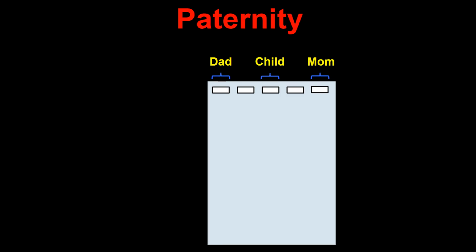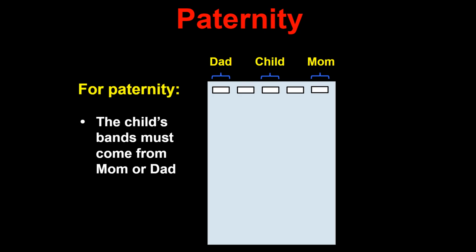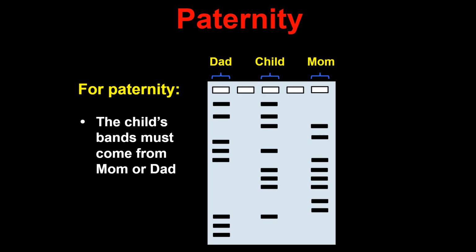I can also use this for paternity, so figuring out who the father of a child is. And remember, in this case, the child, every one of their fragments has to come from either the mom or the dad. So I've done the DNA fingerprints for each of these individuals. What I find the easiest way to do this is look at the mom and the child first.